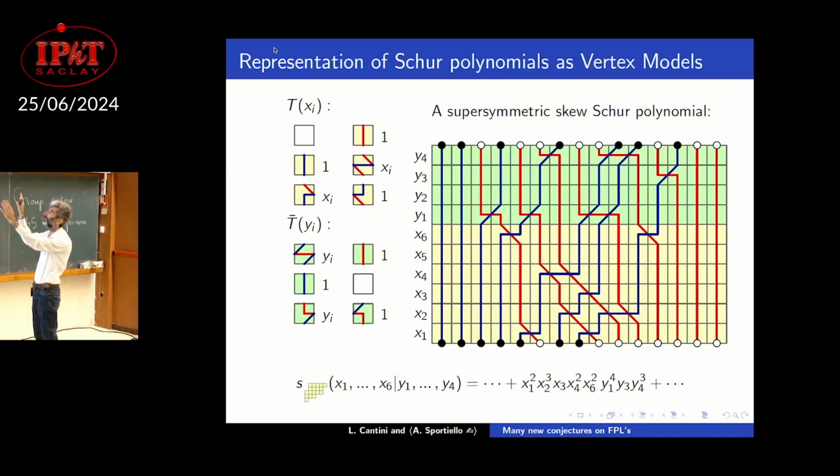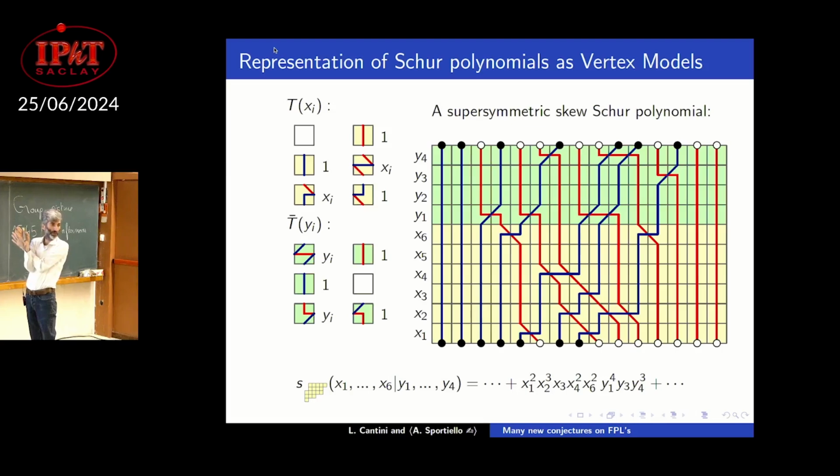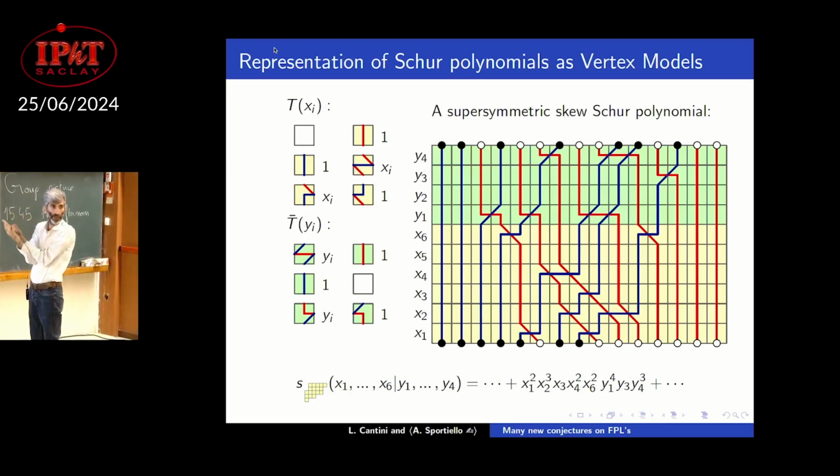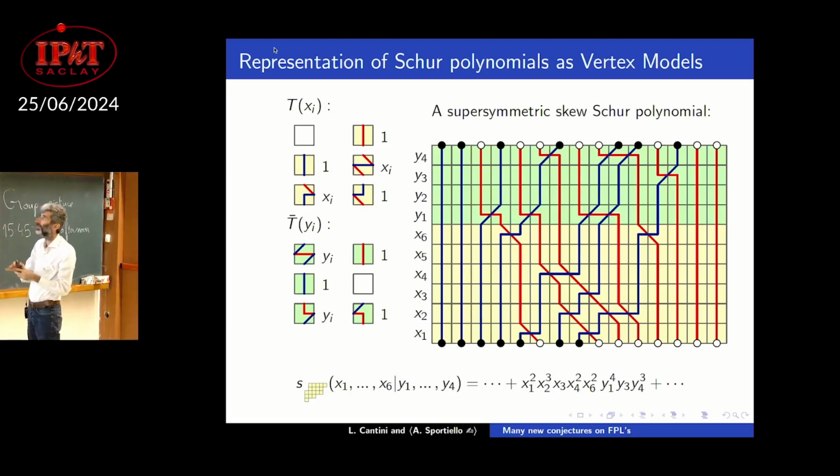If you flip the whole diagram and exchange red and green, you have a diagram of the same type, but this time not going from mu to lambda using a bunch of t and then a bunch of t bar, but from mu prime to lambda prime using t bars and then t's.